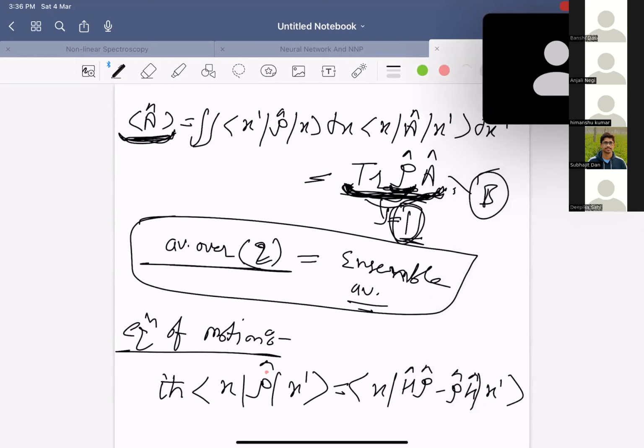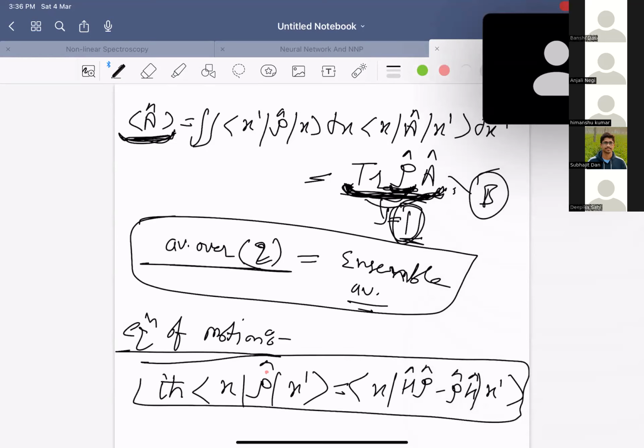So this is the equation of motion in the quantum mechanical point of view, where H is the Hamiltonian and rho is our density matrix.